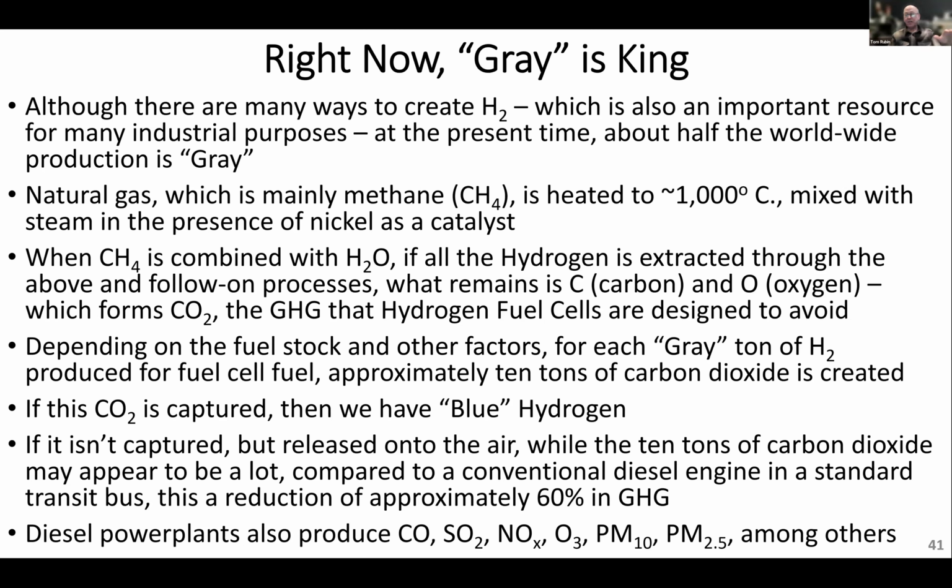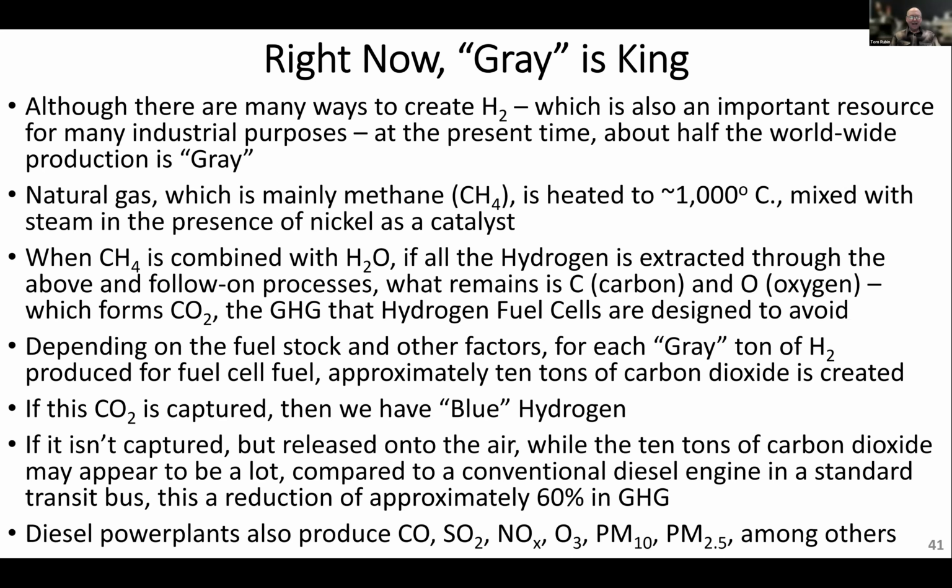If there's a chemistry teacher out there, I apologize. And what you're left with is the H2 gets together. The hydrogen forms H2. And you're left with C's and O's. And they get together and they form carbon dioxide, which is the greenhouse gas you were trying to avoid.